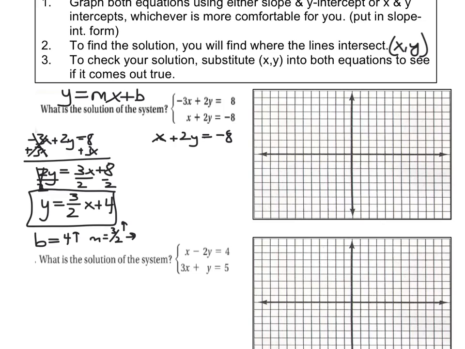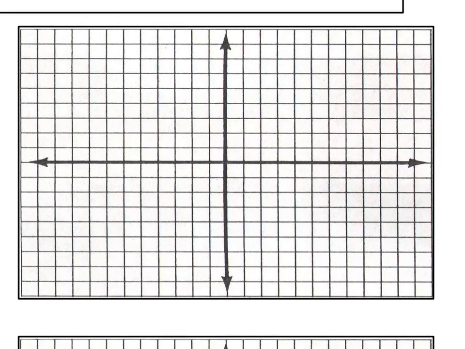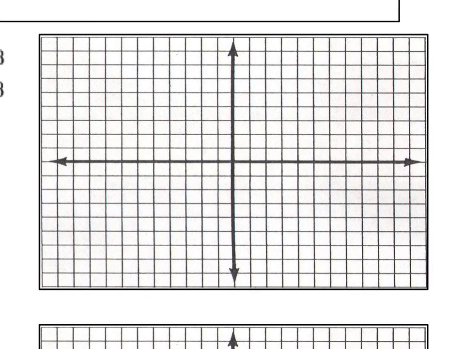I go up 4 units and put a dot. Then from there, I go up 3 units and right 2 units and put another dot.